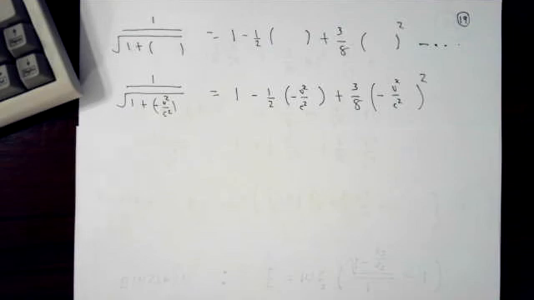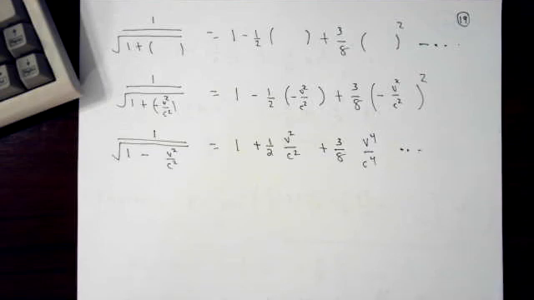I have to do some squaring and fix the signs up, but this reduces down to the first 3 terms, at least, to 1 plus 1/2 v squared over c squared plus 3/8 v to the 4th over c to the 4th, where remember c is the speed of light.